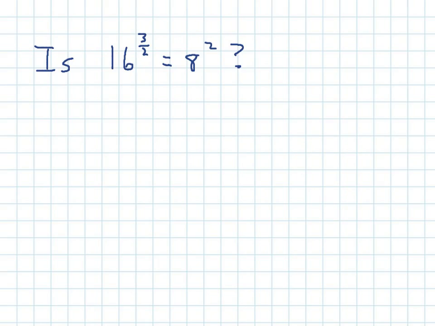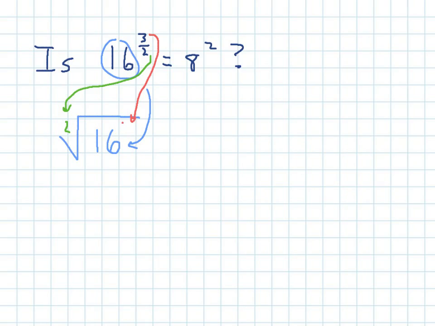So here, I need to remember how this is written. So remember that the base becomes the radicand. So this base number became my radicand. Remember that that index is the denominator, so that 2 we know goes here, even though with square root we usually don't write it. And finally, that numerator piece becomes the exponent.